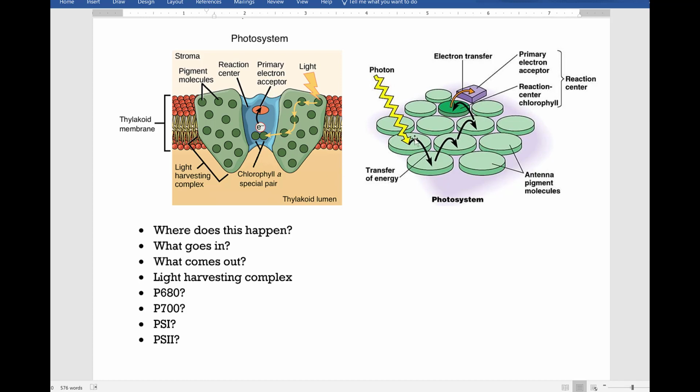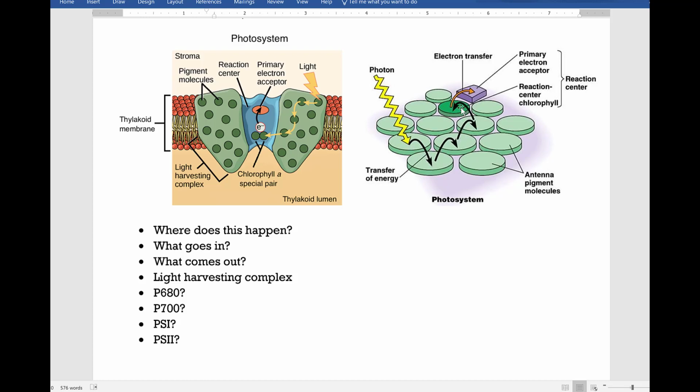Another way to think of it is this image that I found on the internet from another really good website, and it shows the energy as these dark arrows, and they show the photon as this yellow kind of lightning bolt. So the photon is absorbed, and then it is not electrons that are passed around, it is just the energy itself.